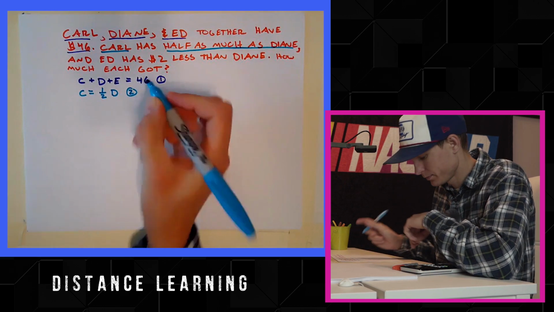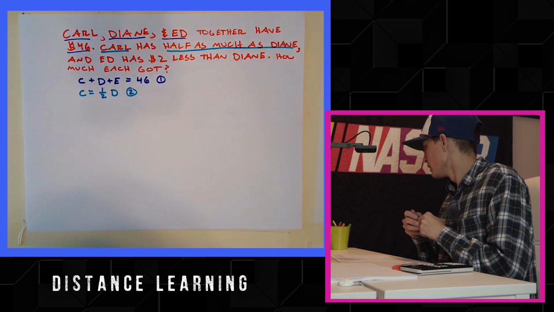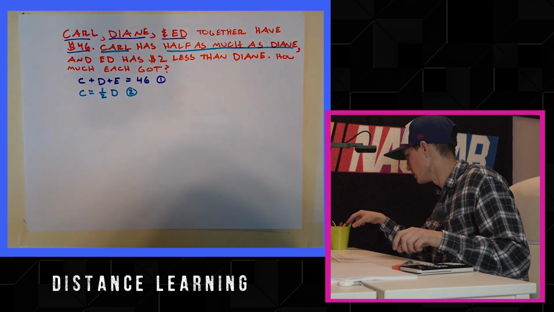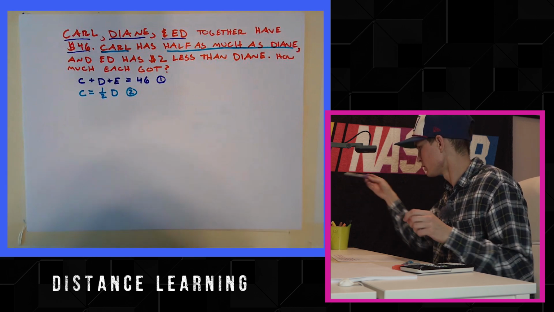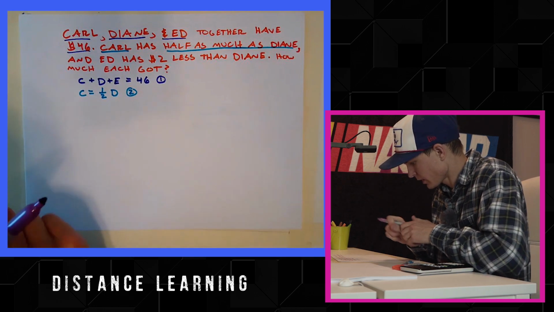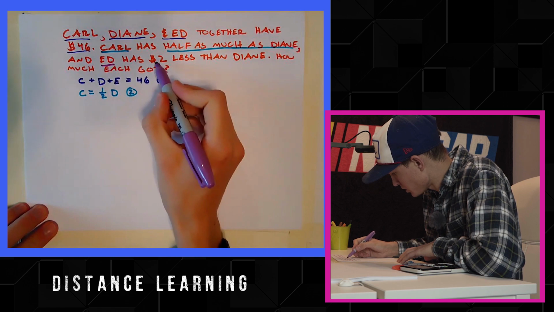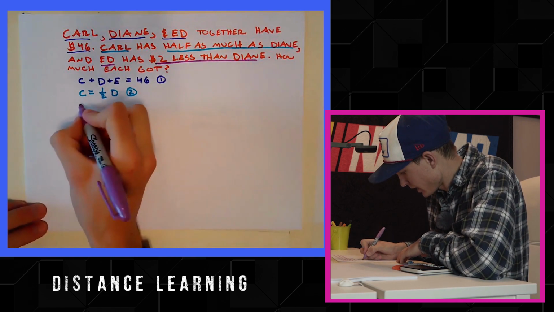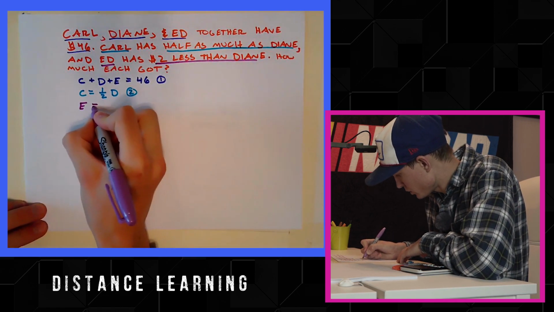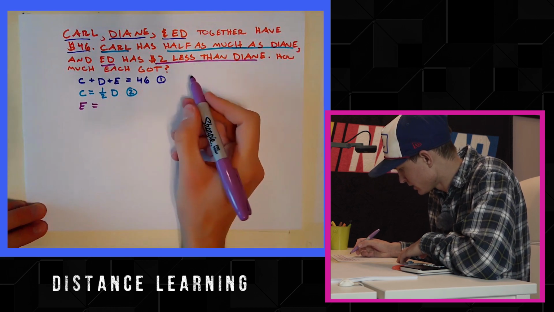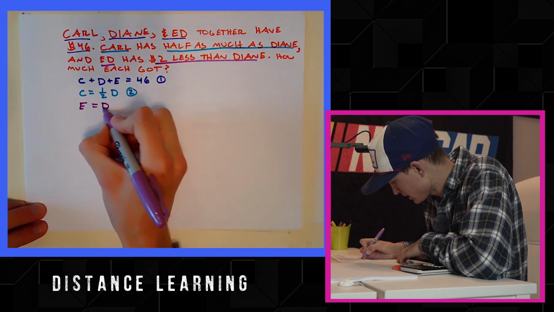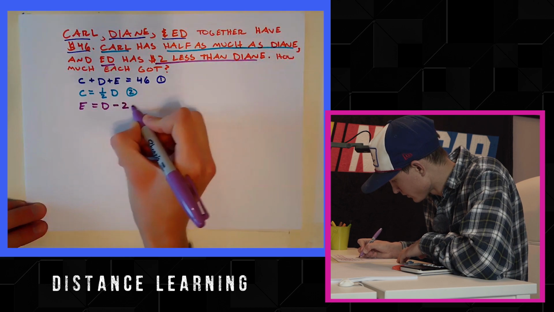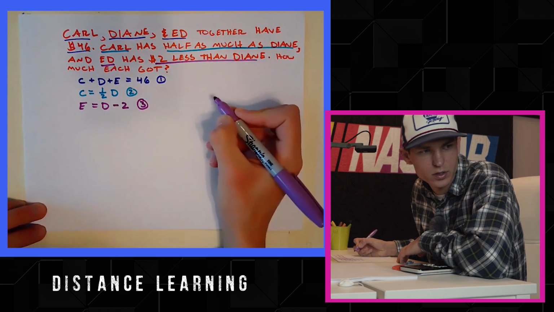Equation 2. And Ed has $2 less than Diane. That means Diane minus 2. Equation 3.